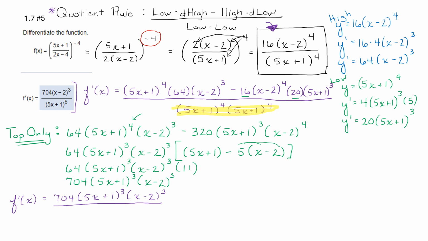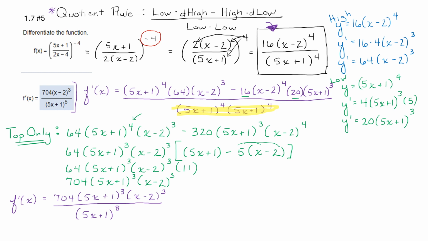That's my low times low. And your old exponent rules tell you when you have the same base, the 5x + 1, multiply means add the exponents. So 4 plus 4 is 8.